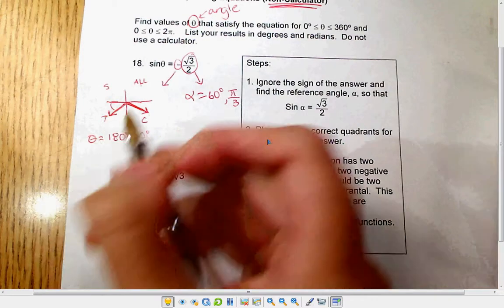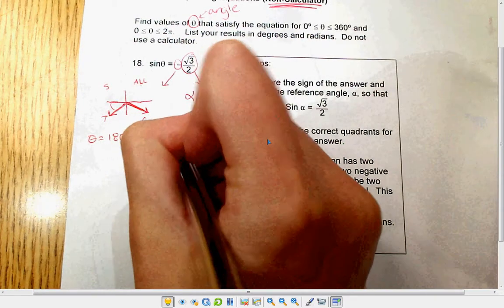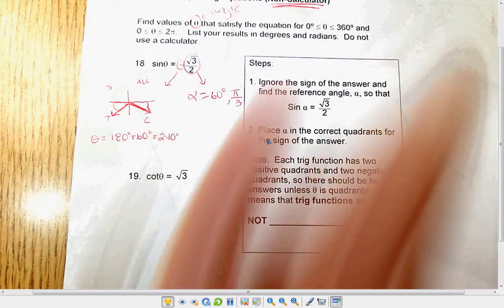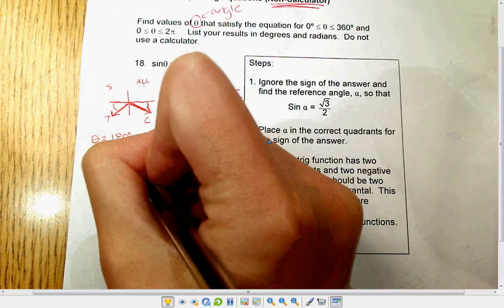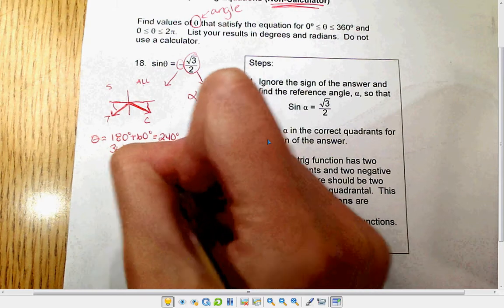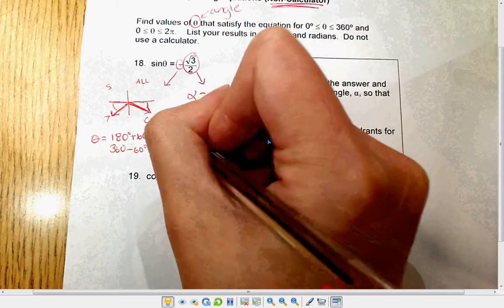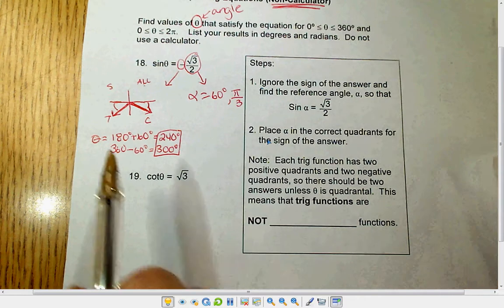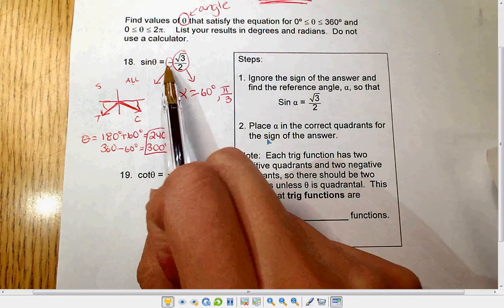So this one right here is 240 degrees. In the fourth quadrant, now we have 360 minus 60 degrees, which gives you 300 degrees. So here are your two degrees. These two angles will give you a sine of negative root 3 over 2.